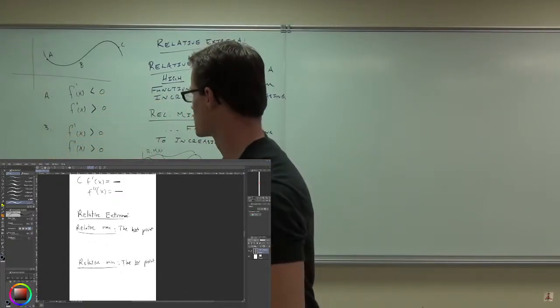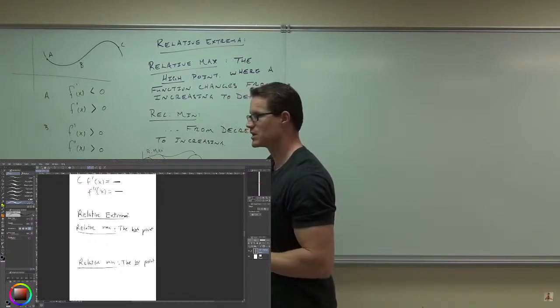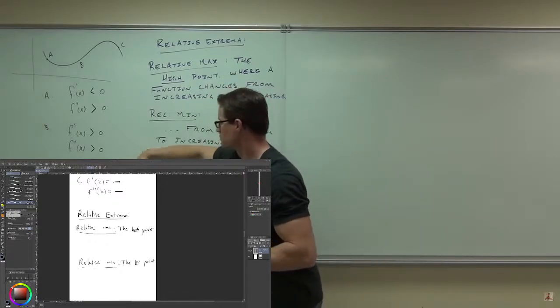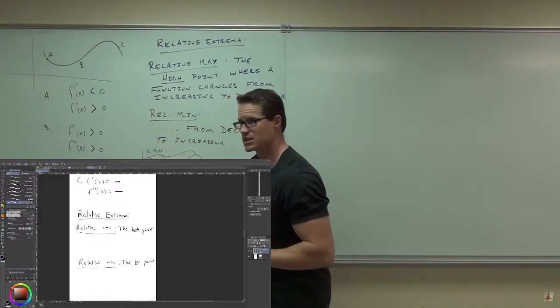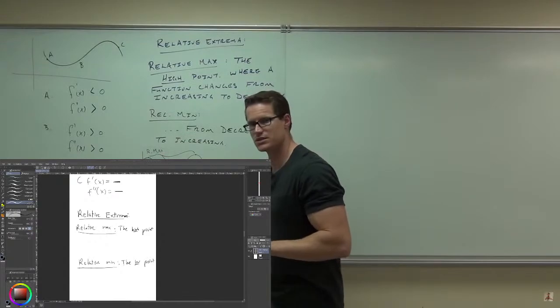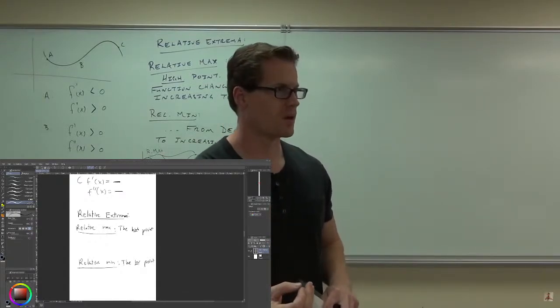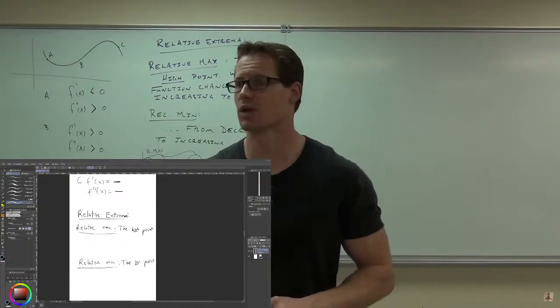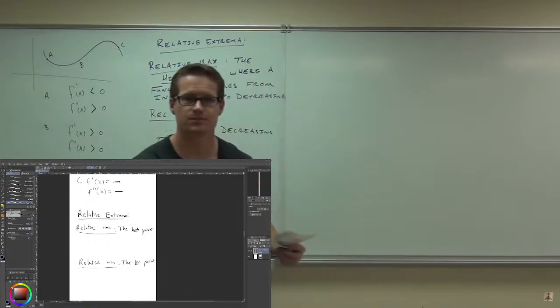So what's happening to the slope as I'm getting to a relative max, a relative min, max, min, max? Positive increasing, 0. Negative decreasing, 0. Increasing, 0. Decreasing, 0. So everywhere where we get a slope of 0, we're going to have a possible relative max, relative min. What we call those are critical numbers.